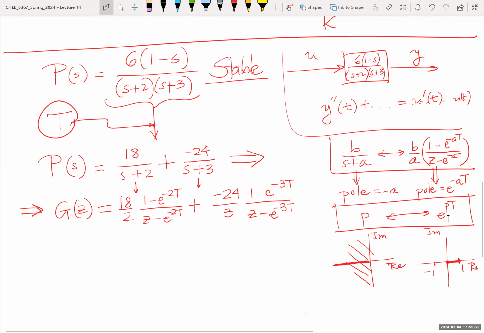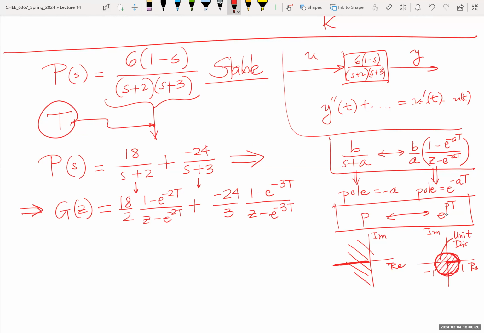And if the pole is complex, well, its real part is going to be negative. So I'm going to have e to the power of a complex number here. And it turns out that the pole having a negative real part gives me values that are here in the unit disk. This is called the unit disk.